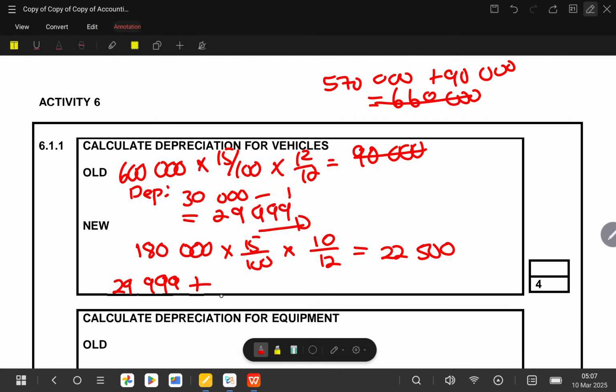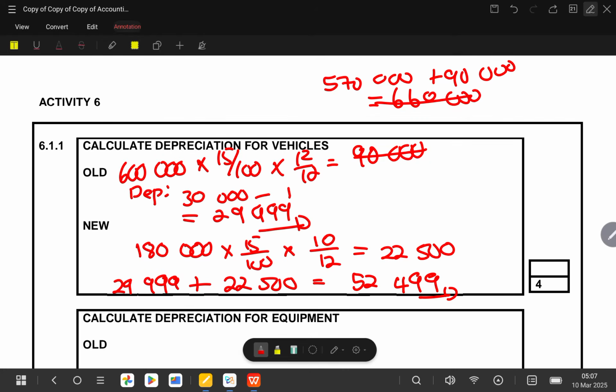So our total depreciation for the year will be 29,999 plus 22,500. Let's see how much we're getting. The depreciation for our vehicles is 52,499.